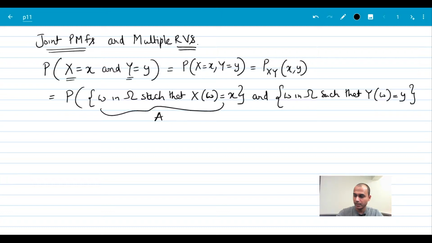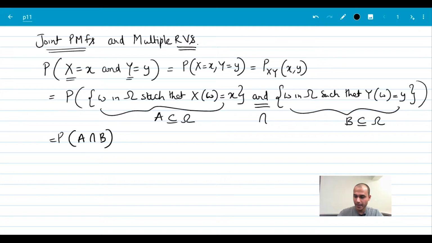Think of this as event B. Event A is a subset of Omega, event B is a subset of Omega, and the comma just means intersection. So we're asking for the probability of A intersection B in a very specific way, through the definition of random variables. So this is what joint PMF means.